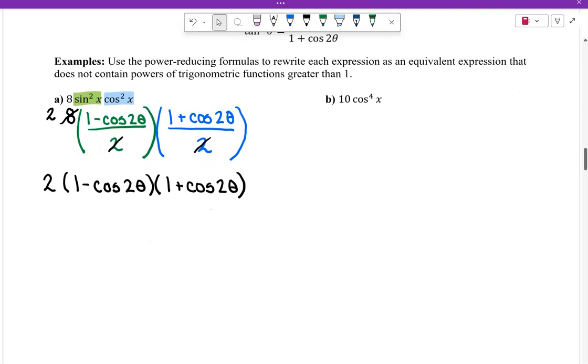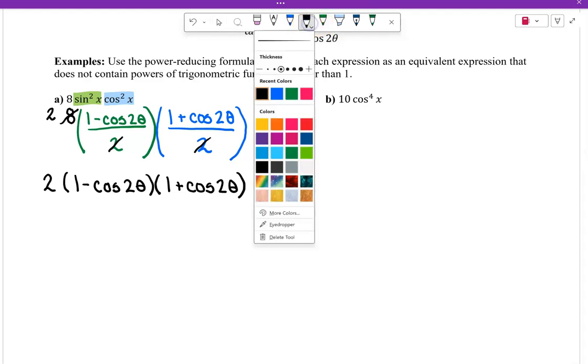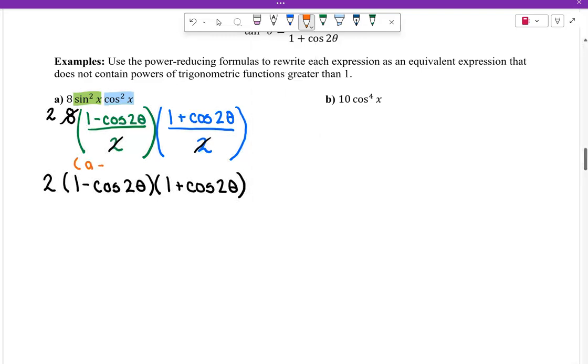Okay, so notice that this is a difference of squares. I'll write it in orange right here. So we know that a minus b times a plus b equals a squared minus b squared.